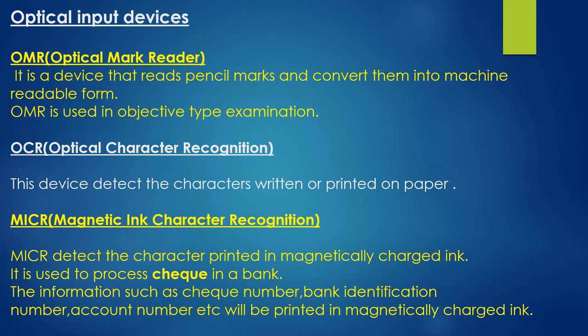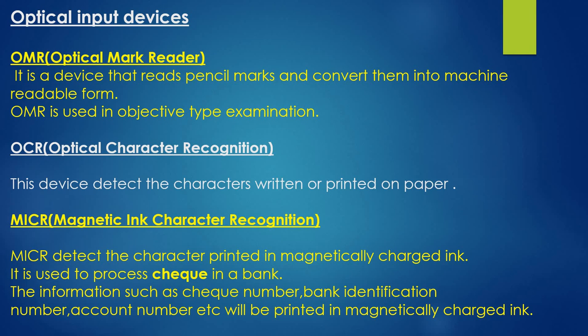For example, on a cheque, the account number or cheque number, bank identification number, etc. are entered using this magnetically charged ink. So this MICR detects that cheque number, bank identification, account number, etc. and converts it into machine readable form.